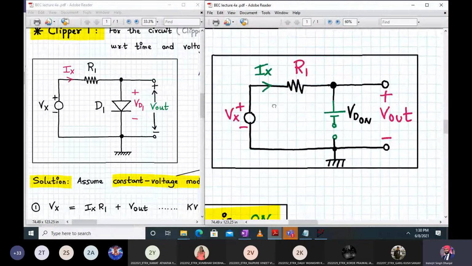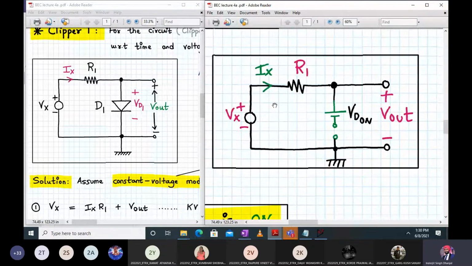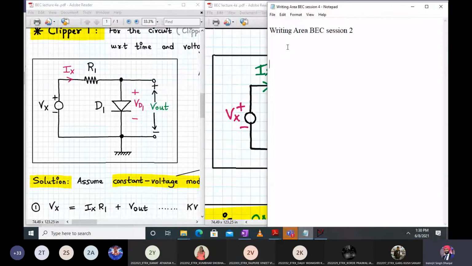Now anyone can tell me what will be my output voltage in this situation? So for Vx less than Vd on, my diode D1 is off.